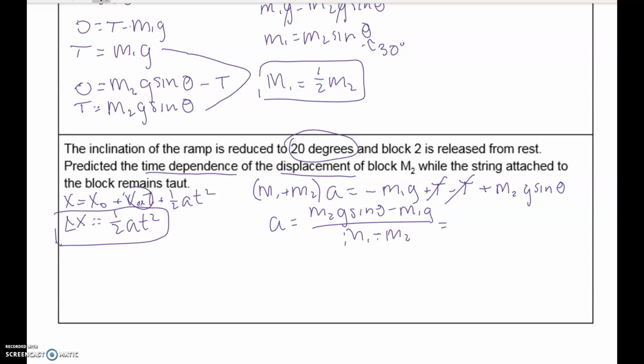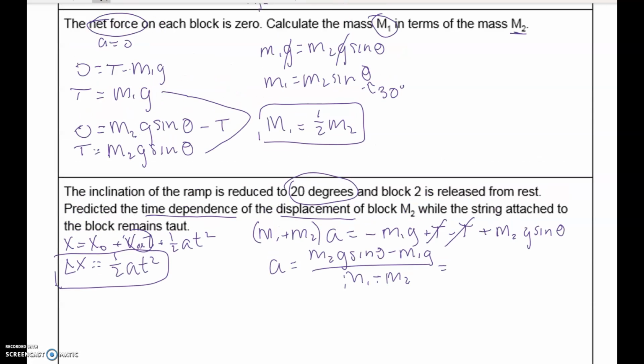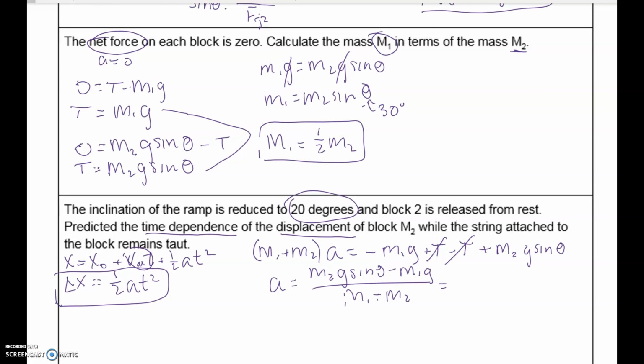We need to simplify this further, and we can actually compute things here because we found in the previous step an expression that relates m1 to m2, since we're still dealing with the same system. Even though in the previous step the acceleration was 0, we still found the value for m1 in terms of m2, which we could also write as m2 is 2 times m1, which is what I'll be using. That hasn't changed since you're still dealing with the same blocks.